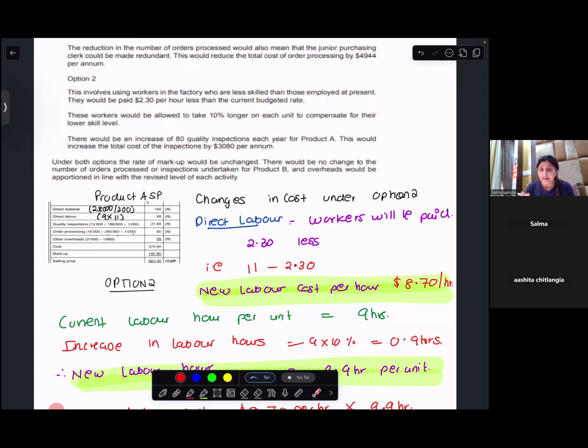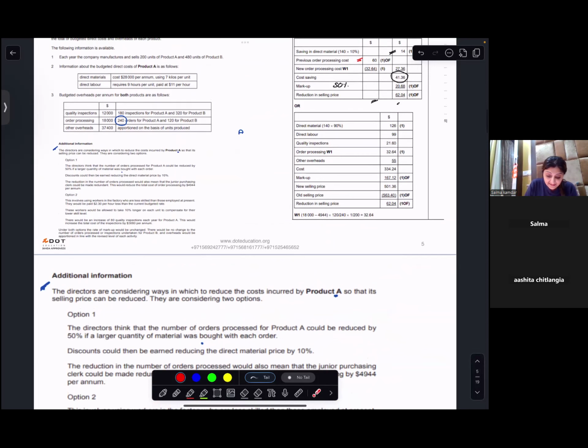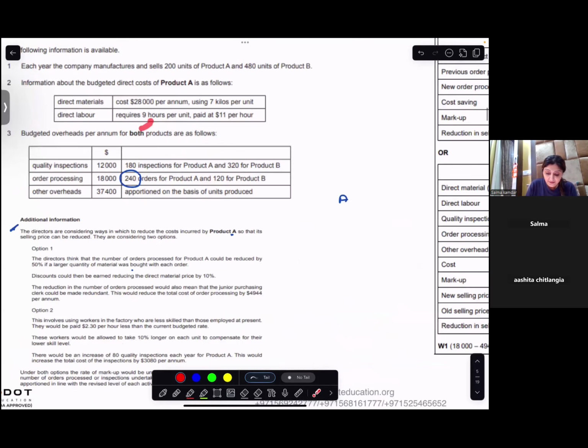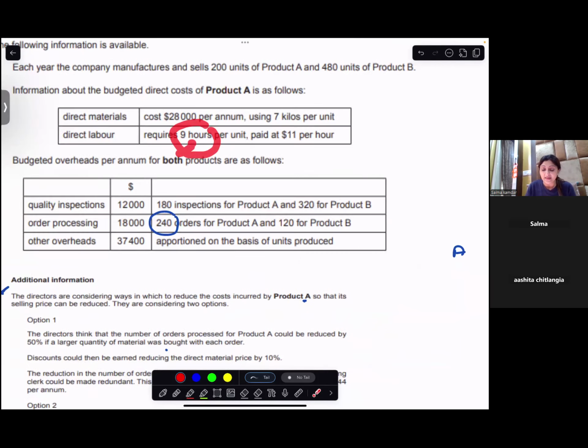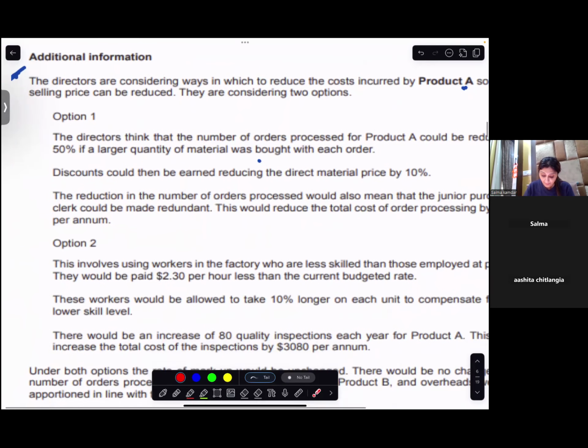But at the same time, if I am reducing the labor cost, these laborers are allowed to take 10% longer time. Currently they are using how many hours? 9 hours. Now they will be allowed to use 10% more time to make the product.